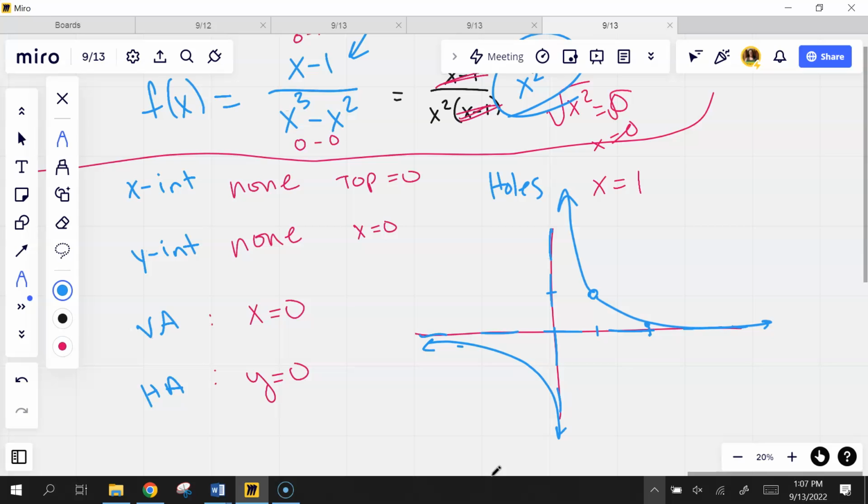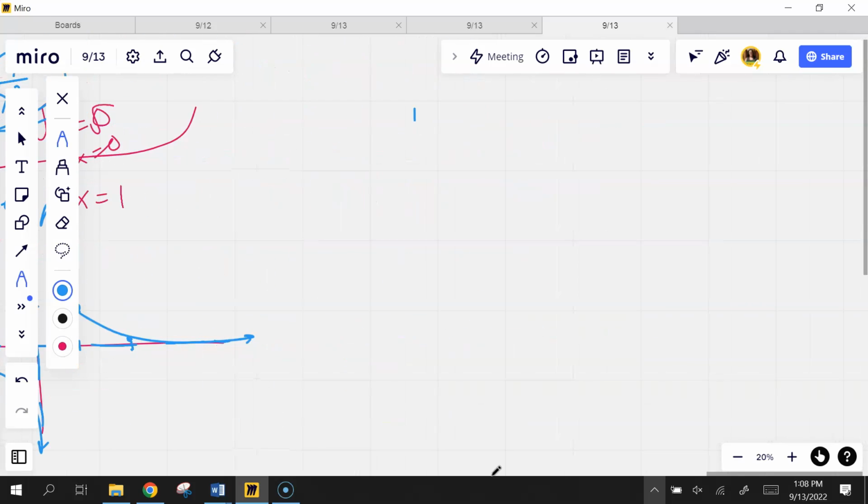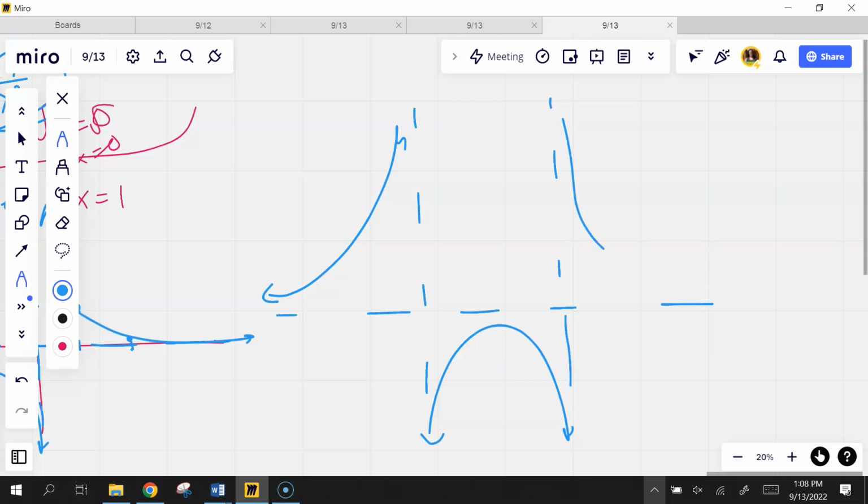Sometimes you'll have some rational functions that do something like this, so you just have to pick up enough to see the pattern.